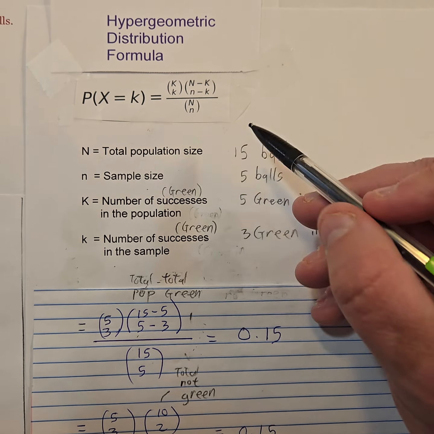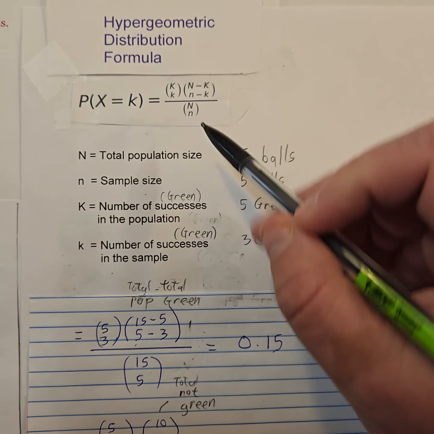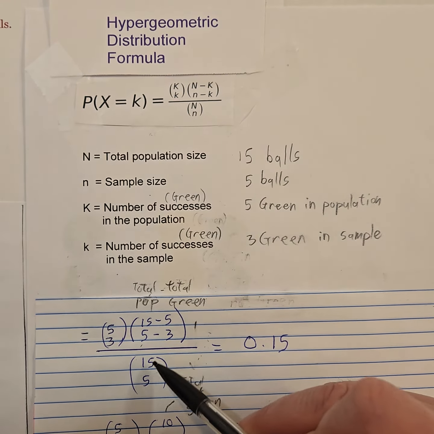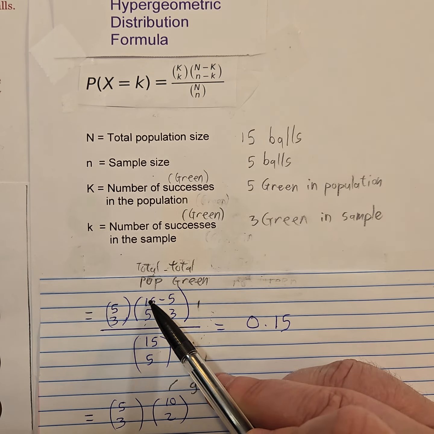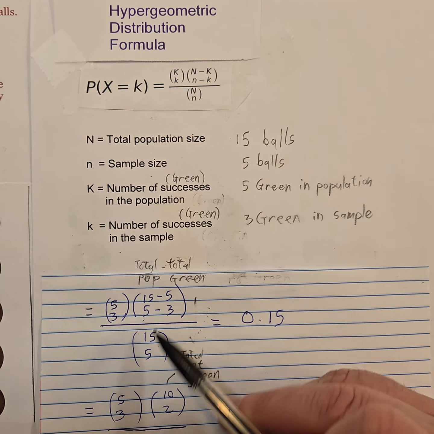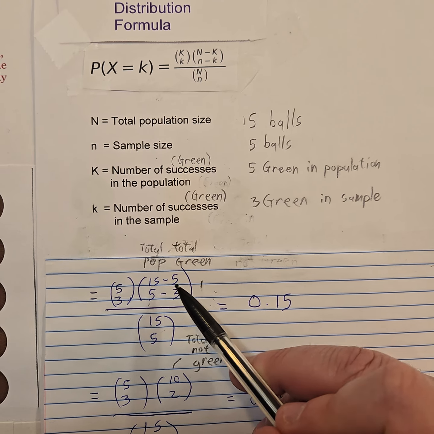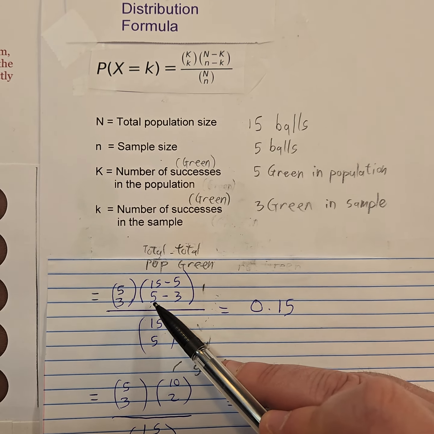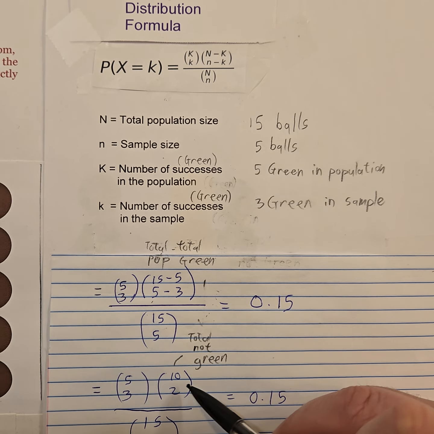And at the bottom, big N over small n, population size over sample size: 15, 5. Then I just simplify. The only thing I do between these two steps is simplify what's inside the brackets: 15 minus 5 is 10, 5 minus 3 is 2.